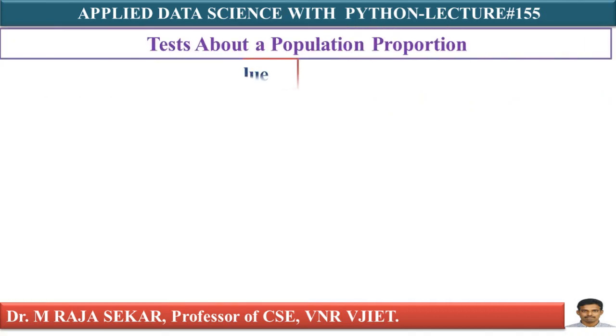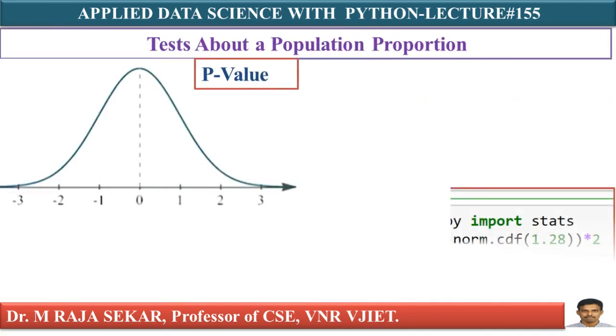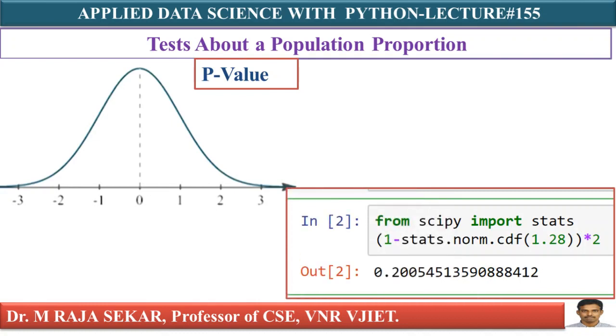How will we understand this? Just see this one. Actually, what's happening here? If you want to find this, what is my value? 1.28. How to calculate 1.28? I already discussed in the previous lecture how one can get 1.28. You can even use Python programming to calculate this 1.28.